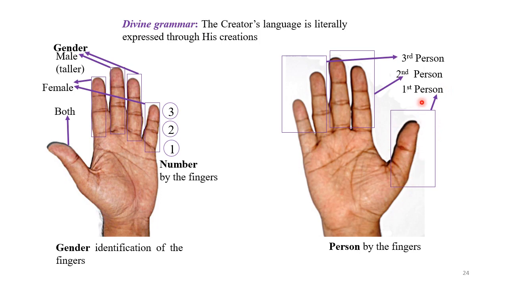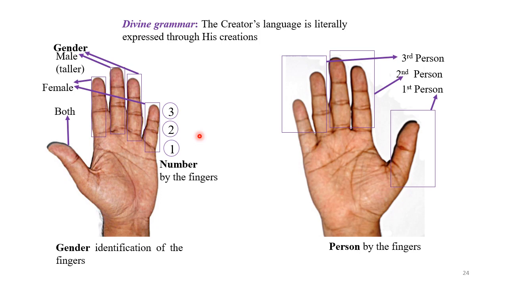Where you see this finger shows the first person, whereas these two fingers show the second person, and the third person is shown by the small finger and the ring finger. And then on the right side, you can see I'm showing the persons, right? And on the left side I'm showing the numbers, meaning the singular, dual, and plural. Remember, Arabic has 3 different numbers instead of 2 like most languages.